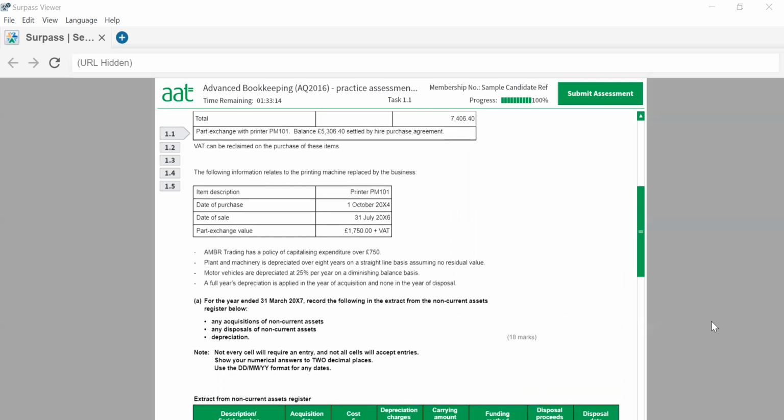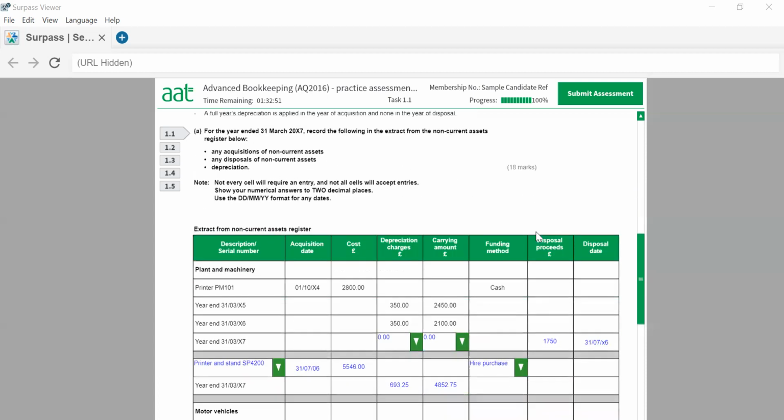The next one is the printer. The following information relates to the printing machine replaced by the business. It was disposed of on the 31st of July 06. So again, let's put this information in. We'll find the PM101, and the part exchange value is 1750.